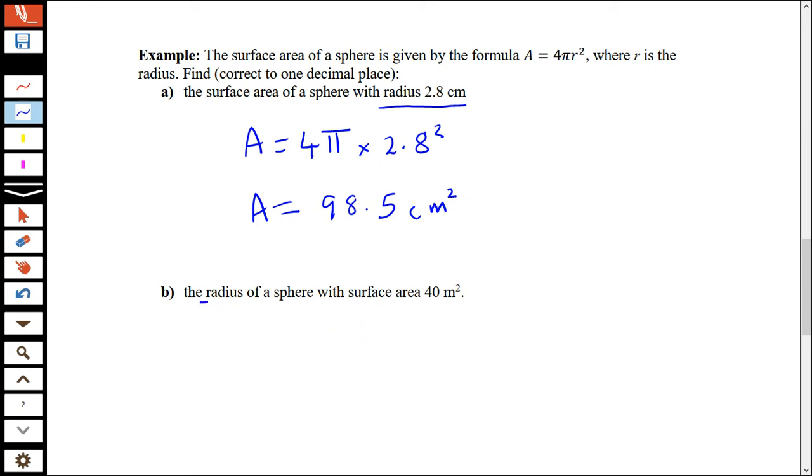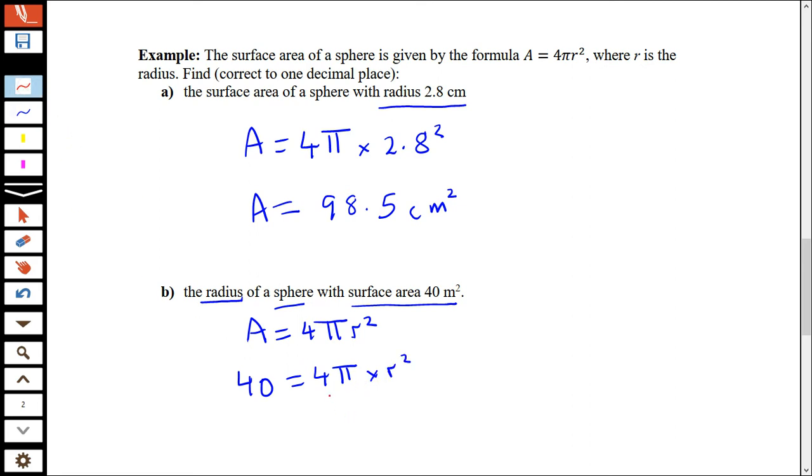Next part says find the radius of the sphere, given that the surface area is 40 meters squared. So they tell you what the area is, and they want you to find the radius. They tell you the area is 40, so replace the A with 40, and this is 4 pi multiplied by r squared.